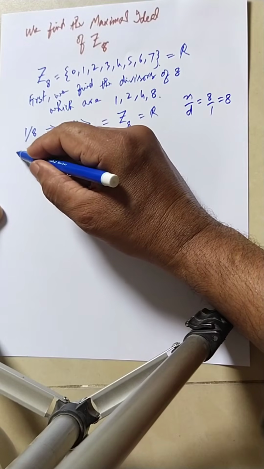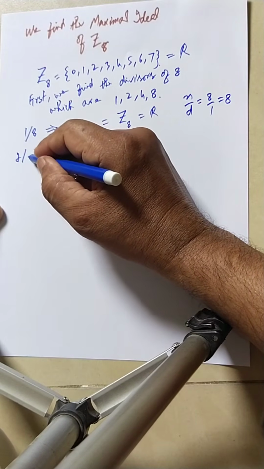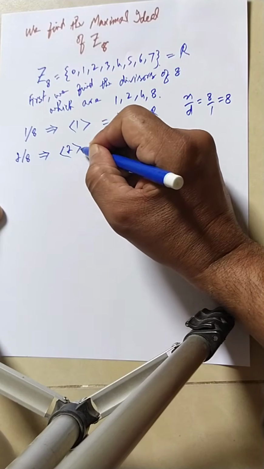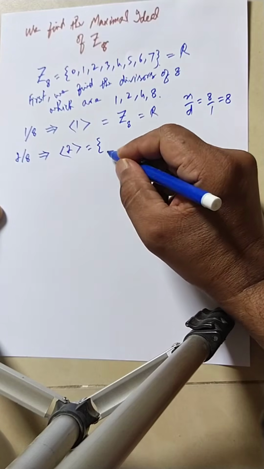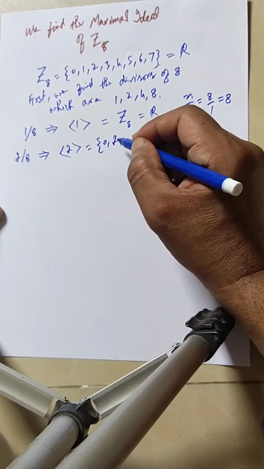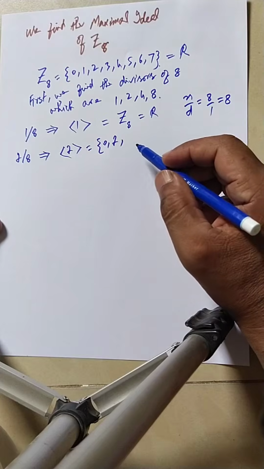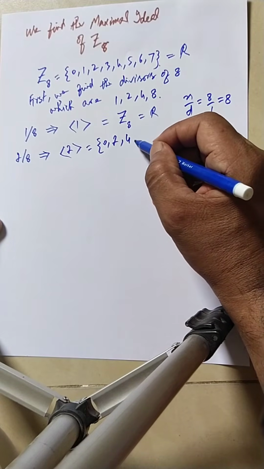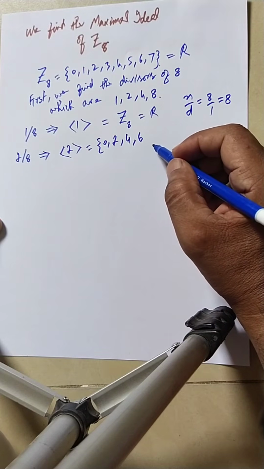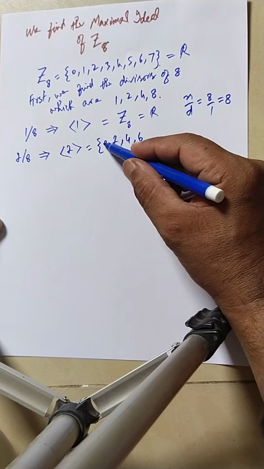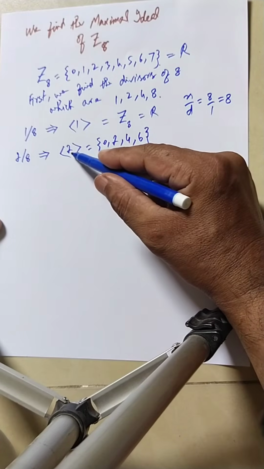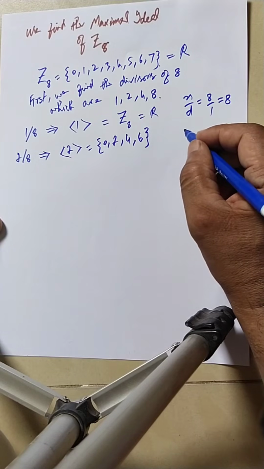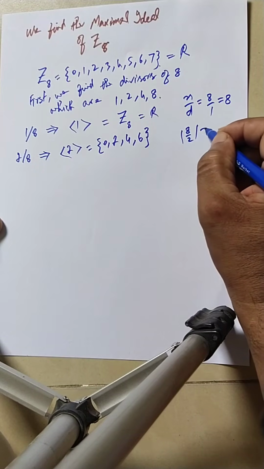Next, 2 divides 8, so the ideal generated by 2 will be of the form 0, 2, then because this is an additive group, 2 will be added, it will become 4, then 6, and 8 modulo 8 it will be 0. The ideal generated by 2 is of this form 0, 2, 4, 6, and its order is 8 by 2, 4.